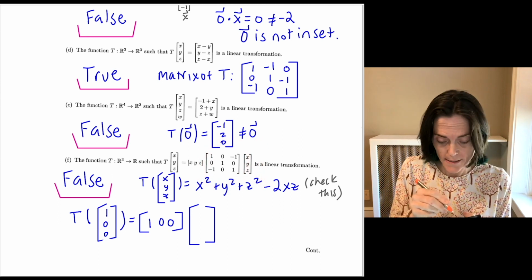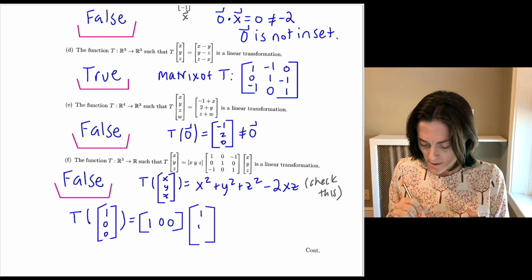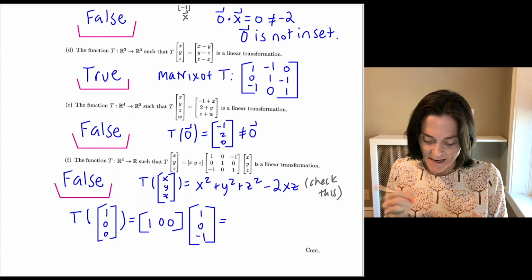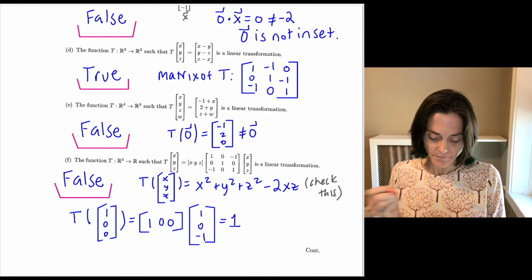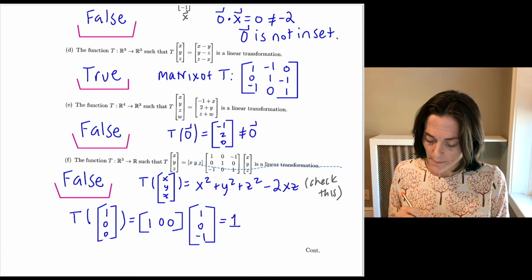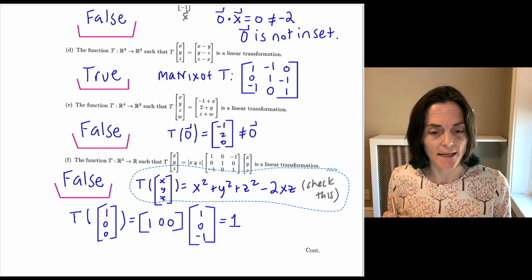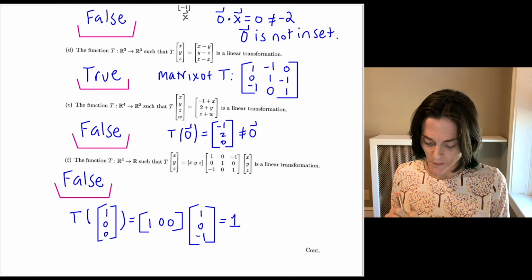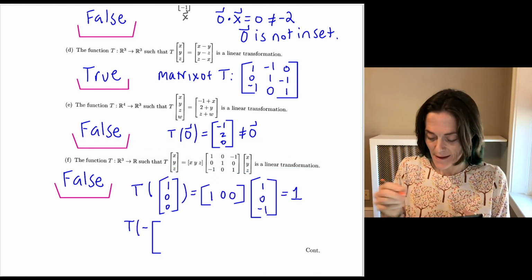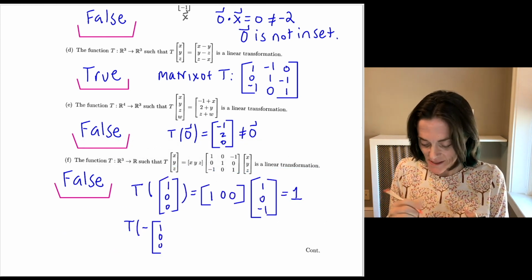So we have 1, 0, -1. Now this is just 1. Maybe I will delete this part, which was just to give us intuition. T of -1, 0, 0.